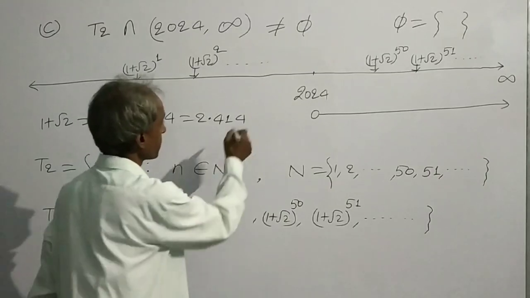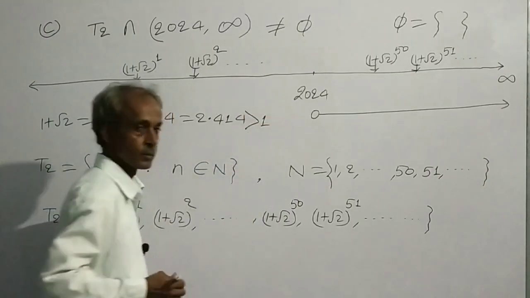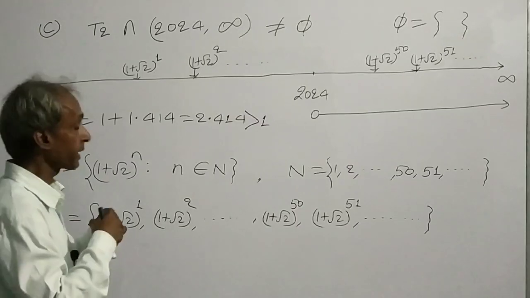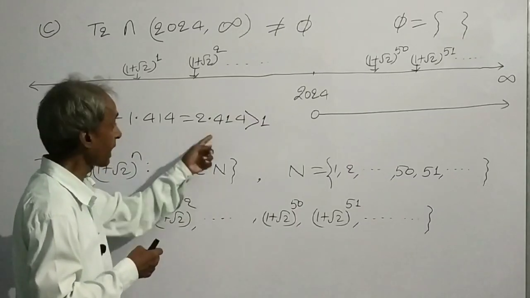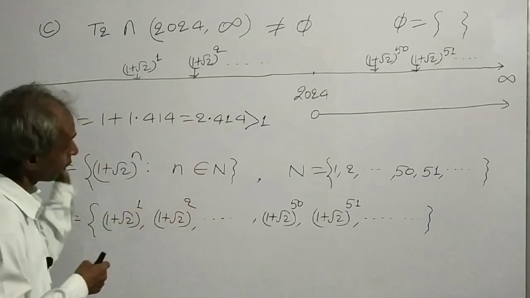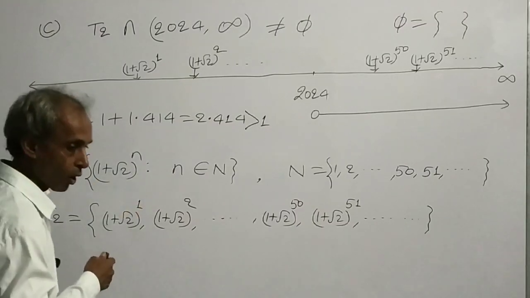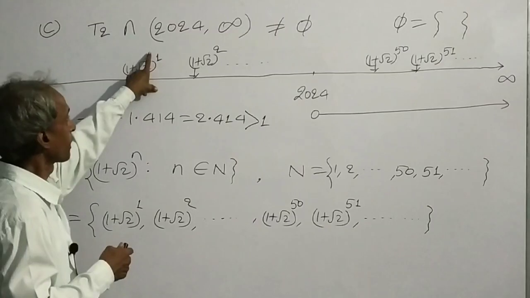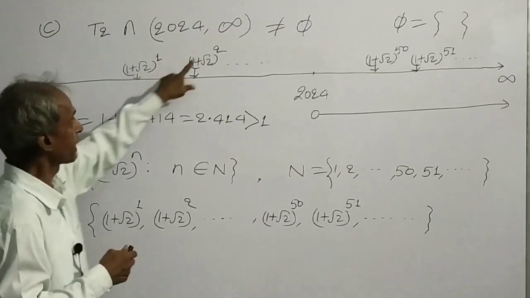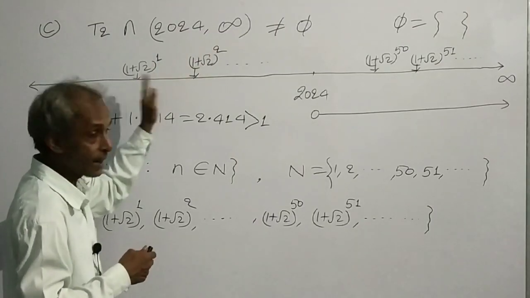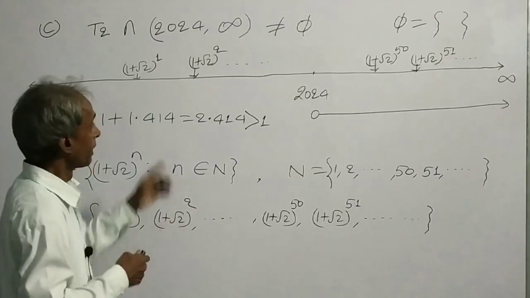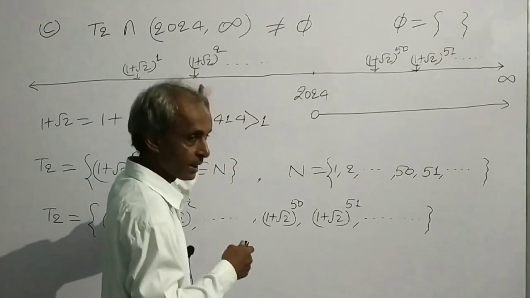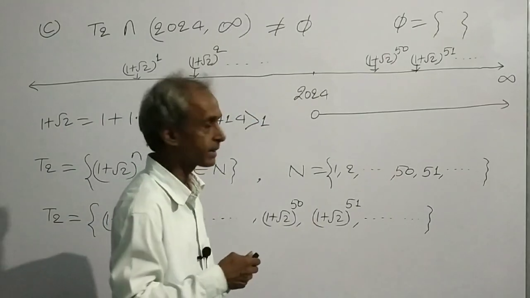Clearly this number is greater than 1, and as we increase the power over a number which is greater than 1, the value on the number line shifts to the right hand side. Therefore, if power 1 is here, then power 2 will lie on the right hand side. As we keep increasing the power, the value will keep moving to the right hand side.